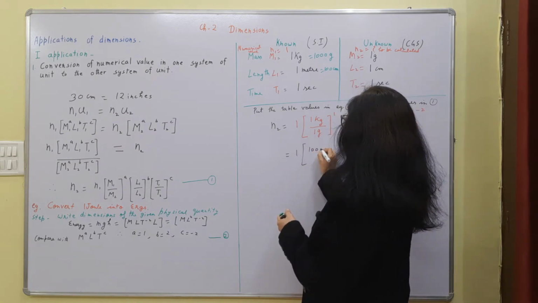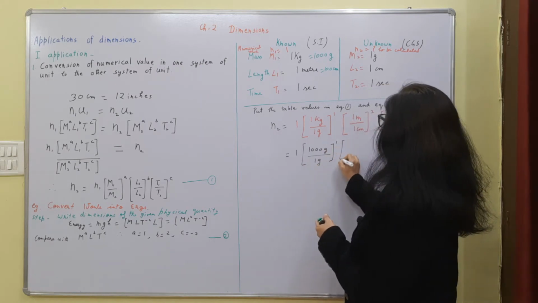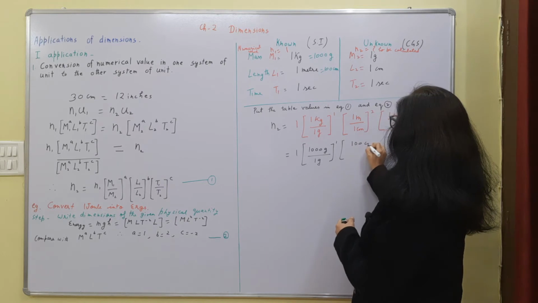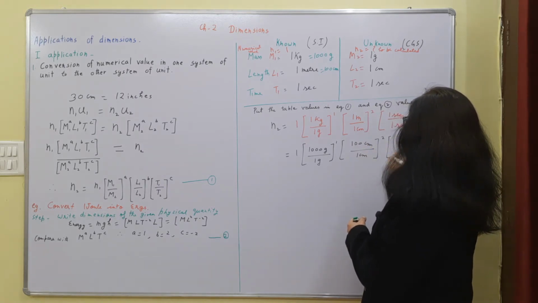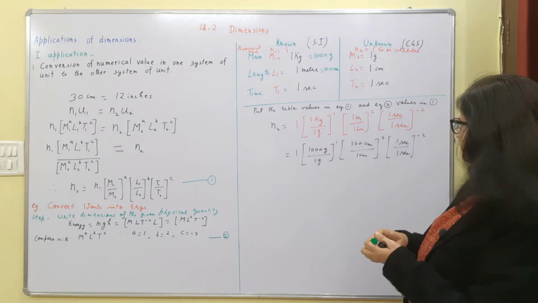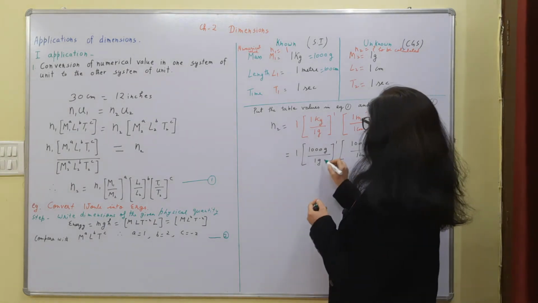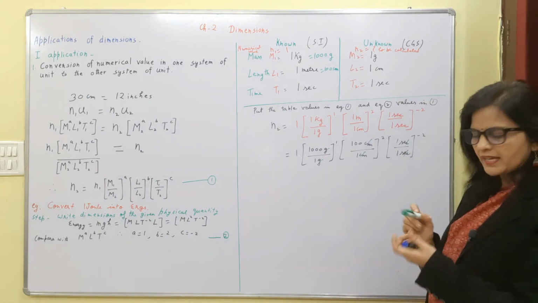I can replace these values here now. This will be 1000 gram upon 1 gram to the power 1, 100 centimeter upon 1 centimeter to the power 2, and 1 second upon 1 second to the power minus 2. Let's check. Gram will be cancelled, centimeter will be cancelled, and second will be cancelled.